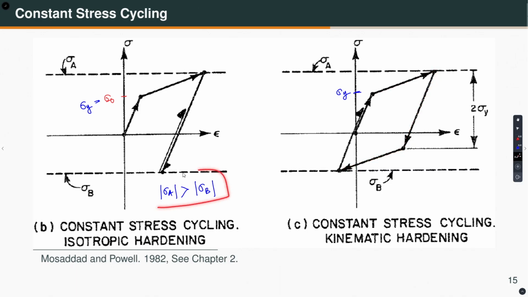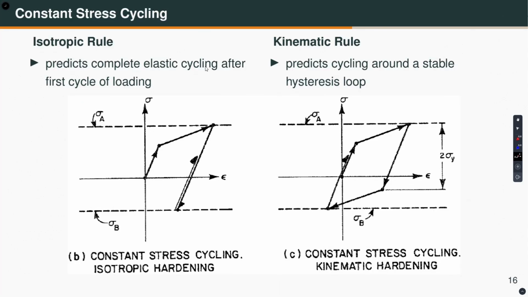Depending on the values of sigma A and sigma B, this loop will look slightly different, but it is going to predict a stable hysteresis loop under constant stress cycling, whereas isotropic hardening is predicting completely elastic response in constant stress cycling after the initial loading. That is a big difference. So, what I said is written here. This predicts complete elastic cycling after first loading, and this predicts cycling around a stable hysteresis loop, the same result which I showed in the previous slide.